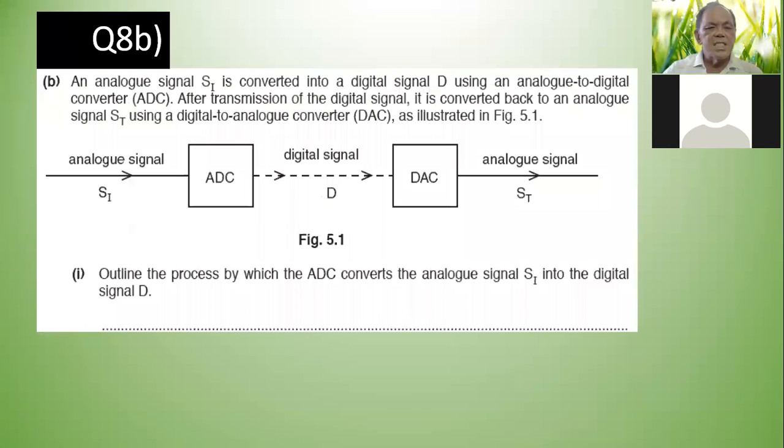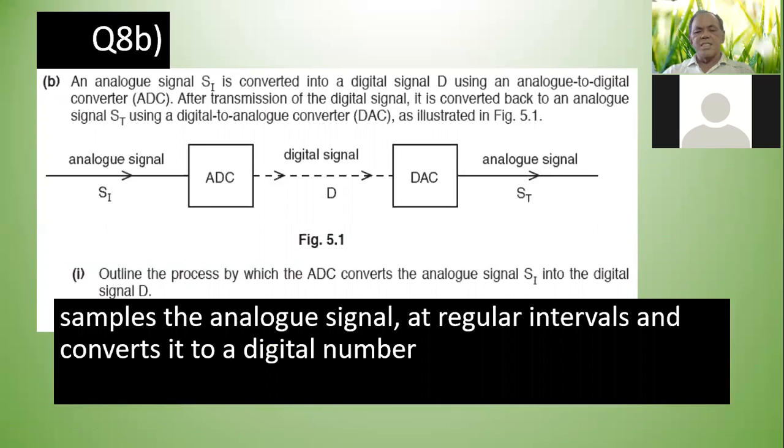An analog signal S1 is converted into digital. That's your digital signal, using an analog to digital converter. After transmission, the digital signal is converted back to analog. That's your analog signal, by your DAC, using a digital to analog converter. Outline the process by which the ADC converts the analog signal S1 into digital signal D. Okay?